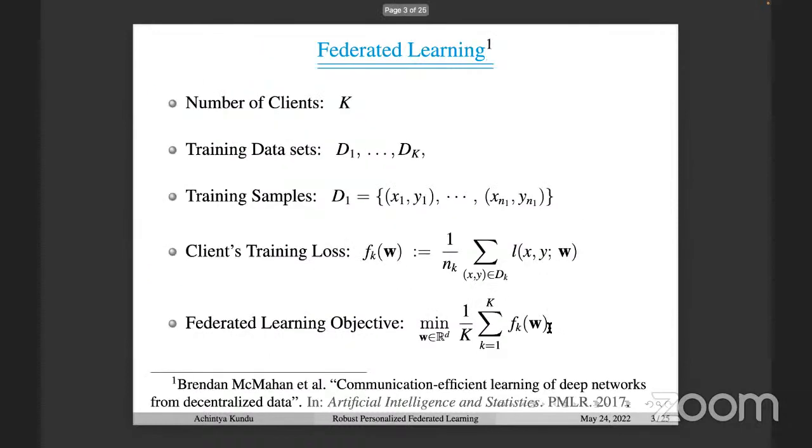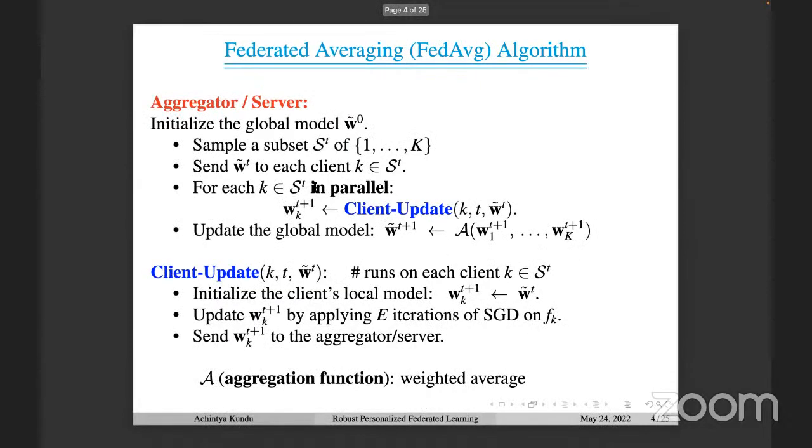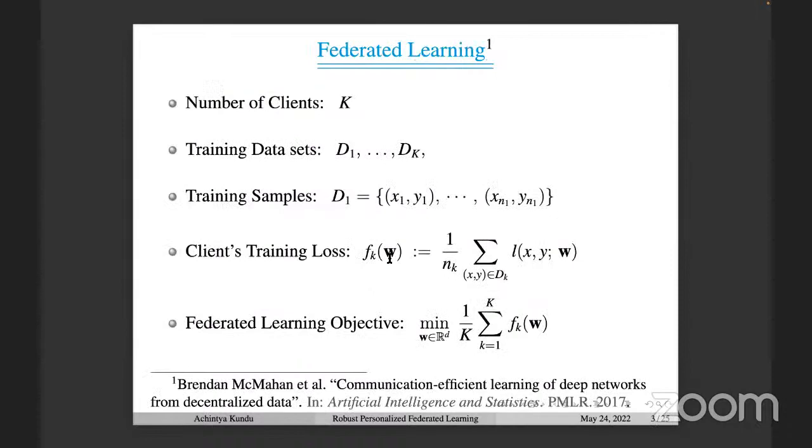So let's go back. The client k has an objective defined over only its own data set, so it can only optimize over that. Once it gets a model, for example W tilde t from the server, it starts its optimization process, initialized with that model, and then tries to optimize the F_k loss function.